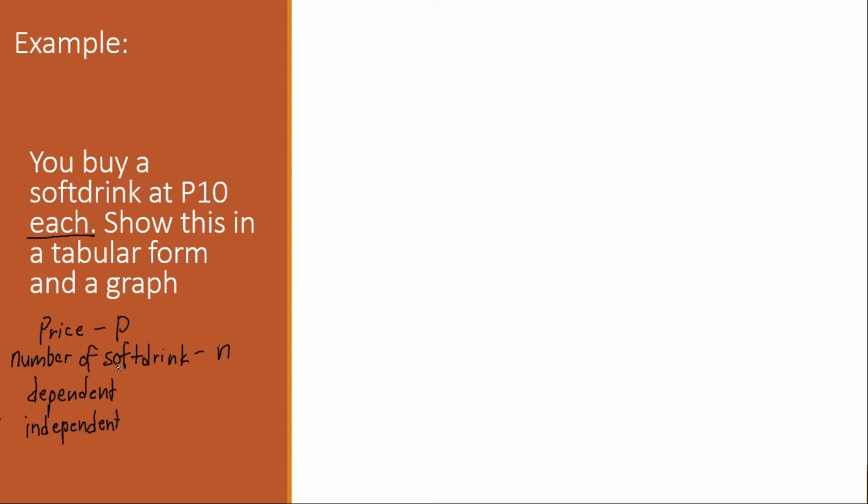So, yung dependent natin dito, analyze the problem. Habang tumataas yung inyong number of soft drinks, di ba? Kasi pag bumili ka ng dalawang soft drinks, that will become 20 pesos, 30 pesos, and so on. So, yung nakadepende sa ating variable will be the price. At yung independent naman will be the number of soft drinks.